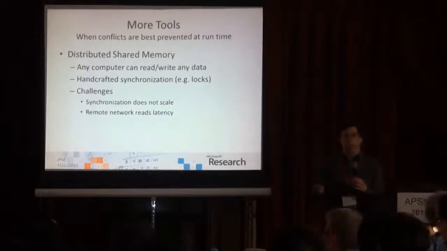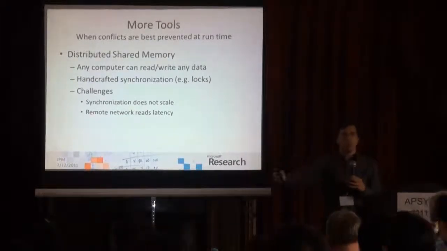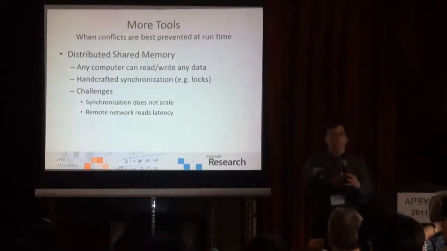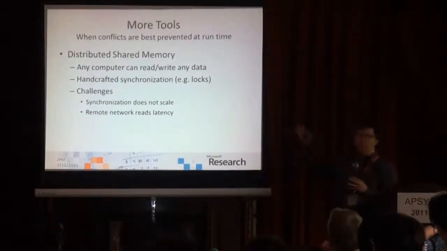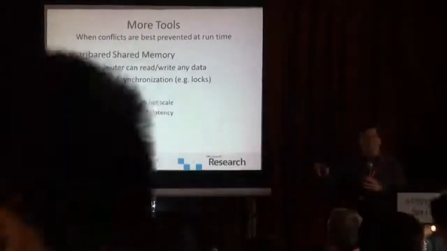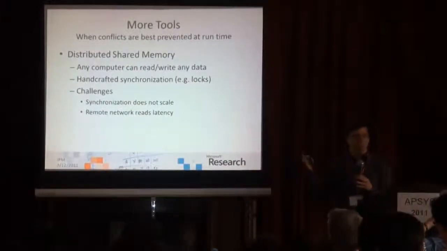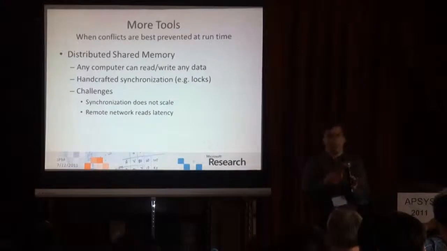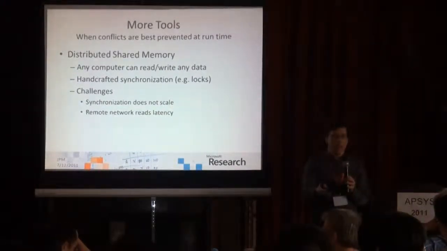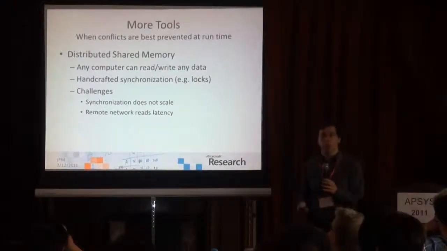The idea here is that now, instead of streaming the data through your system, computers can read or write any part of the data. The traditional distributed shared memory systems would be using locks. Now this is great on one hand because some workloads would be really difficult to express as a data stream, and you can express them this way.